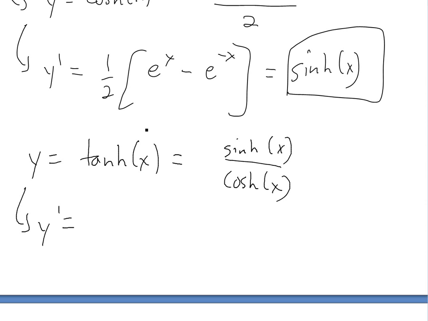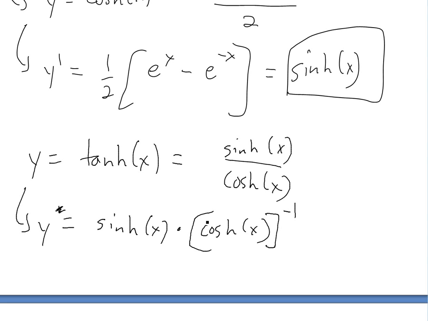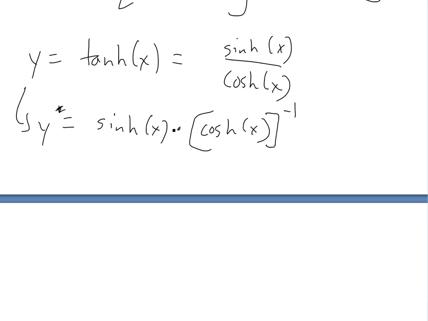You could either memorize the quotient rule, or just do this little trick to use the product rule: rewrite it as y equal to sinh of x times cosh of x to the power of negative 1. So now we could just use the chain rule and the product rule right here.